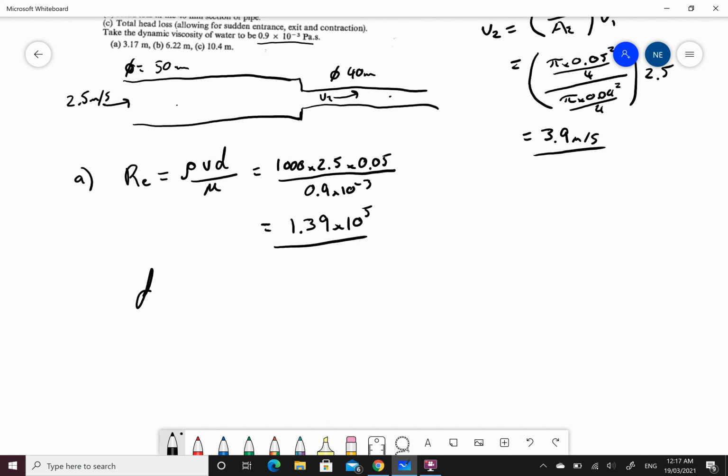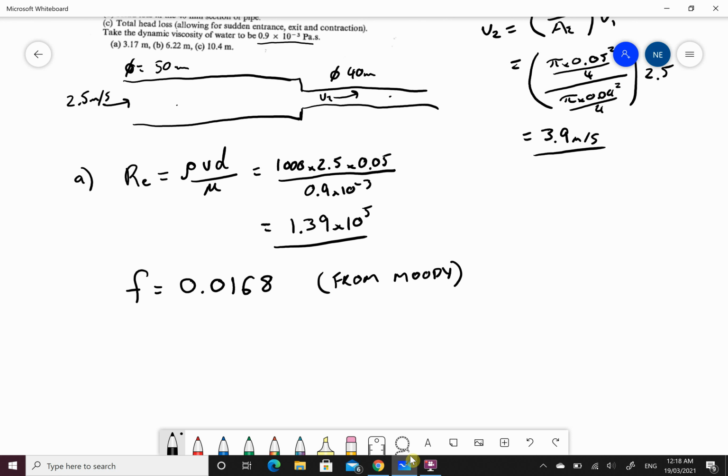So I work out my friction factor to be roughly 0.168. That is from the Moody diagram.